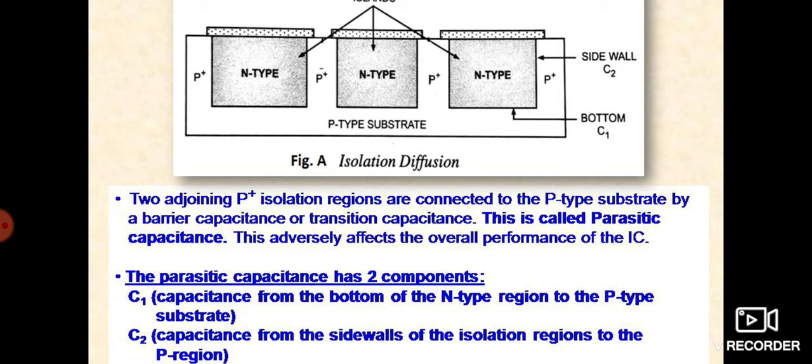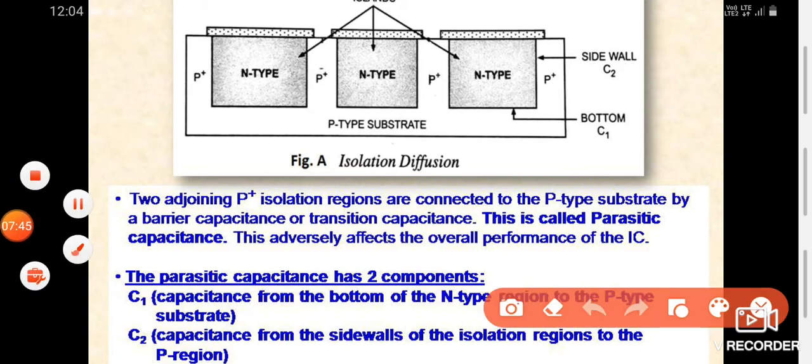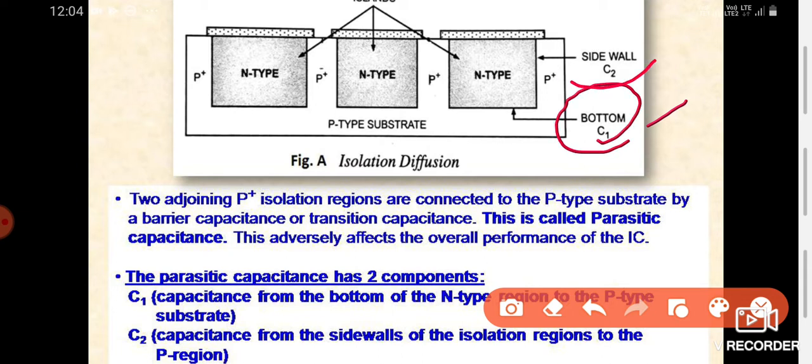C1 is a capacitance from the bottom of the N-type region, that is the isolation islands, to the P-type substrate in between these 2 layers, and C2 is the capacitance from the side walls of the isolation regions. You can see it is already marked in the figure, the side walls of the isolation regions to the P region.